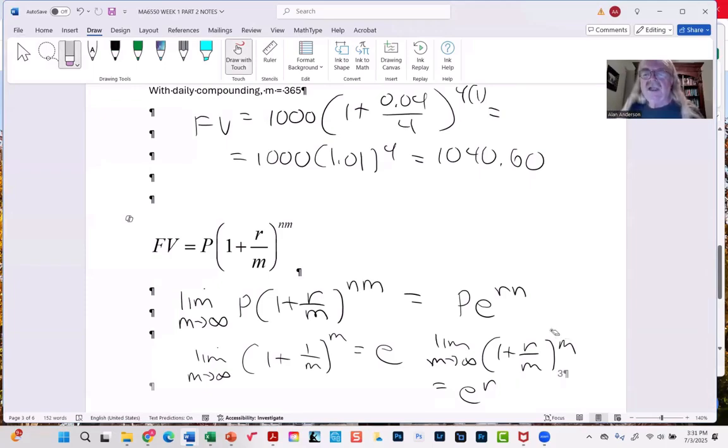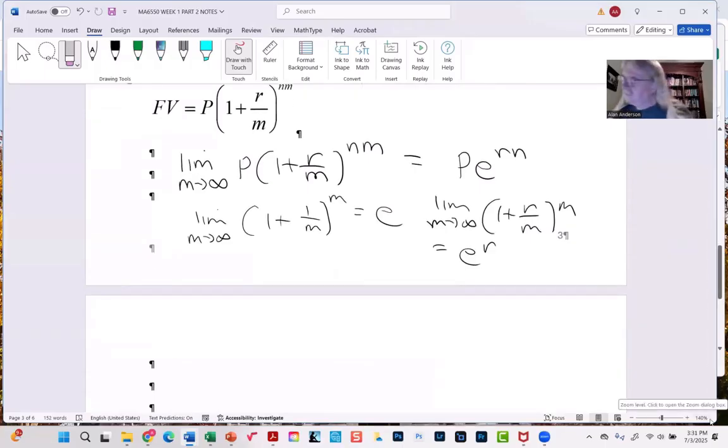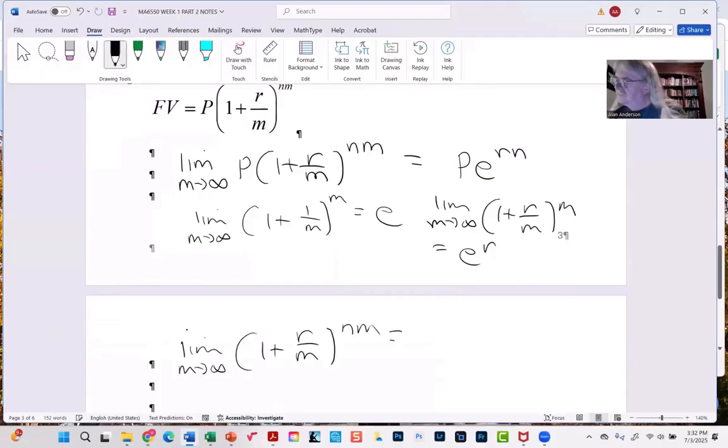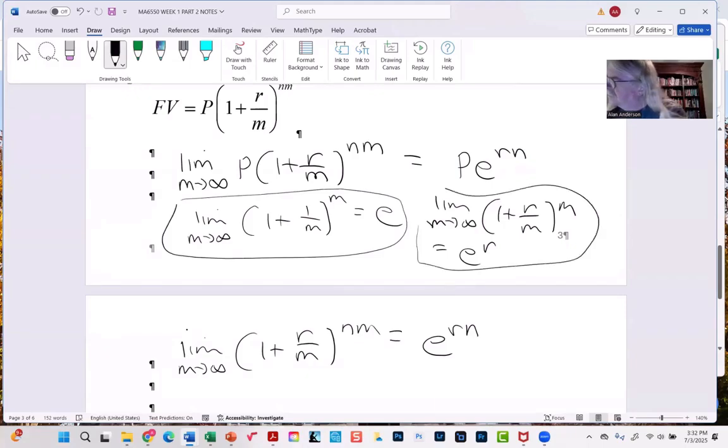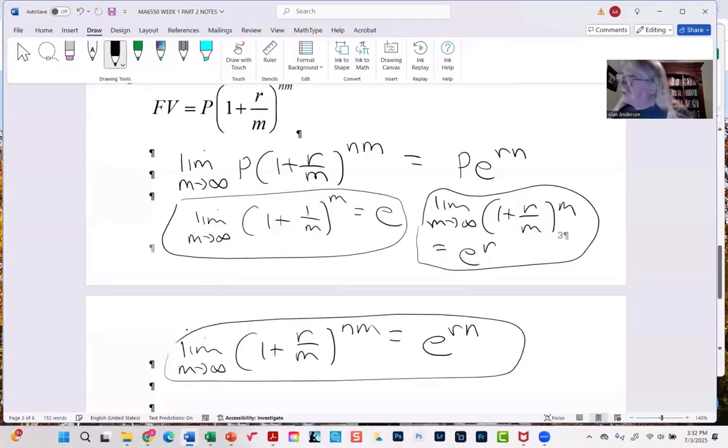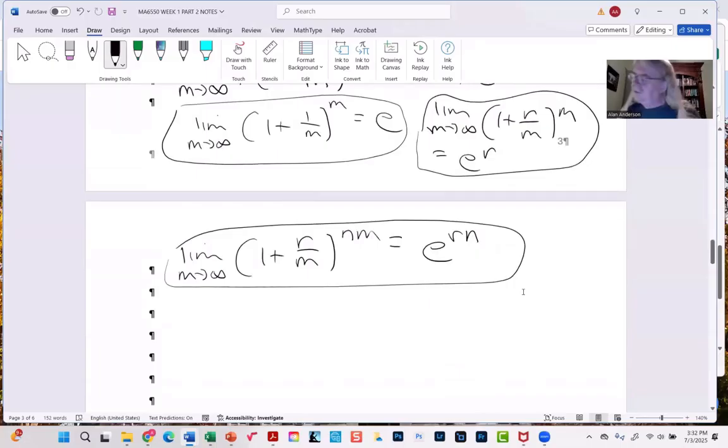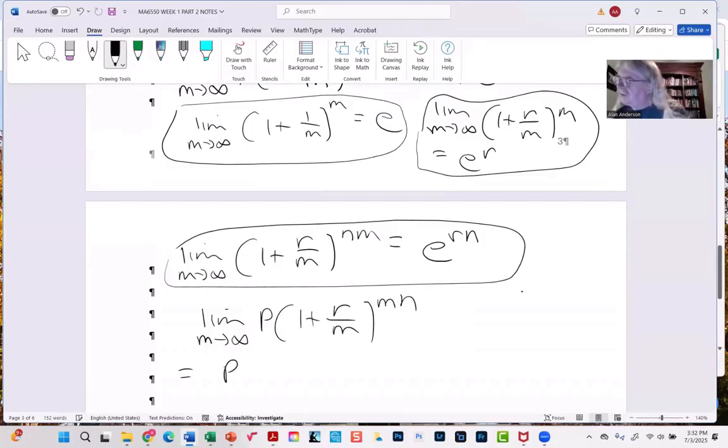This is just R. And then if you have another exponent here, and of course, since we have a constant P, you know that when you have a limit like this, you can just rewrite it like this.